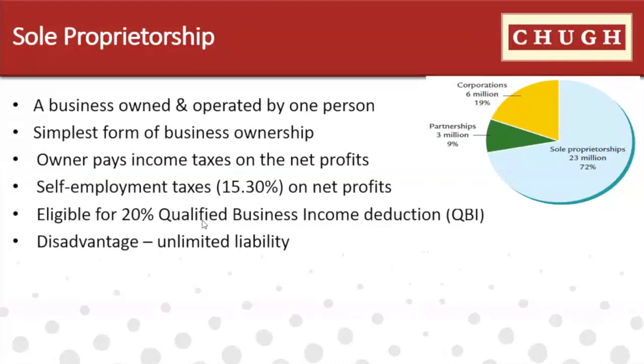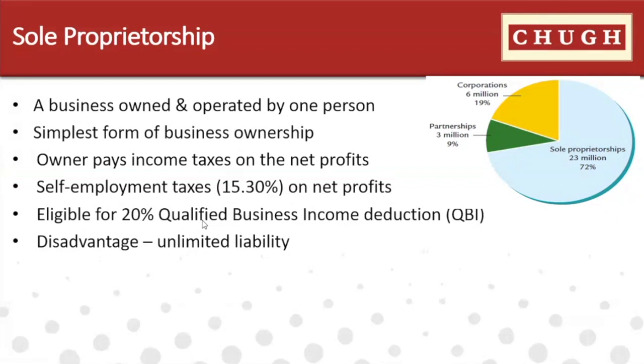The reason it was introduced is mainly because the corporate tax rate, which many big and small corporations have to pay, used to be as high as 35%, and they reduced that rate to 21%. So there was almost a 14% reduction in the corporate rate. To give an equivalent benefit to other forms of business, they introduced this qualified business income deduction.